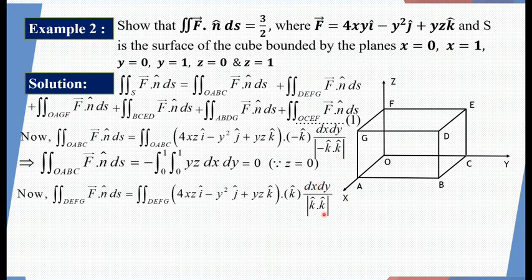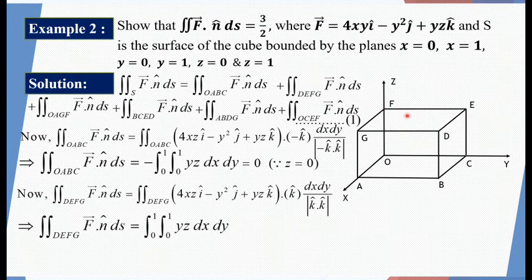dx dy upon mod of k cap dot k cap. And in this particular case, this lies in the xy plane, and the value of z is 1. So we can write it as the double integral 0 to 1 of yz dx dy. Now put the value of z, which is 1.